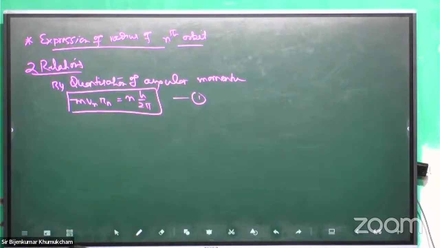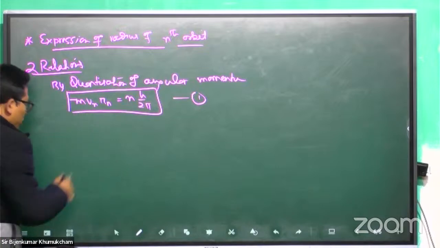Bohr's model applies some classical mechanics concepts, since electrons are revolving.